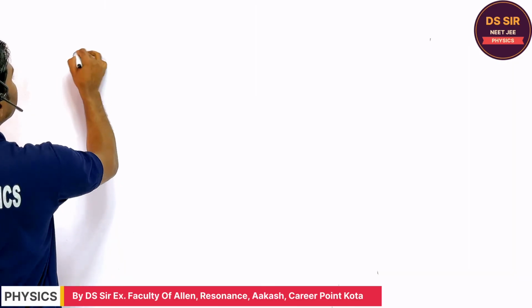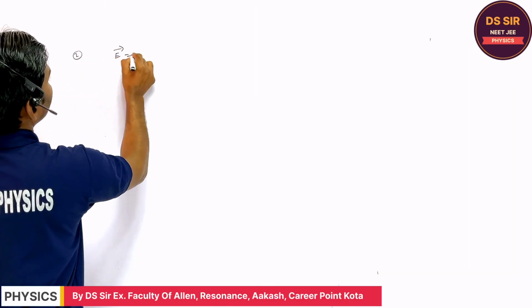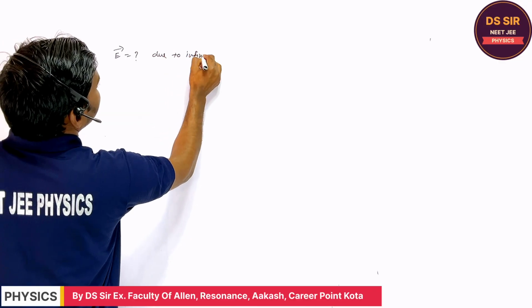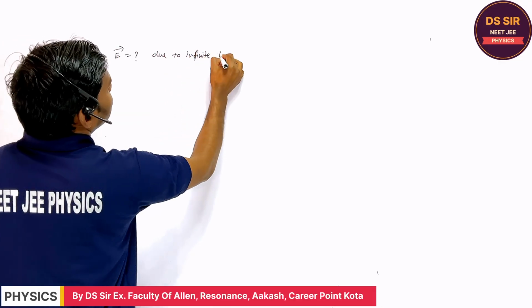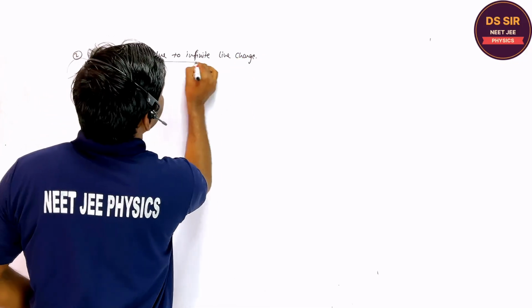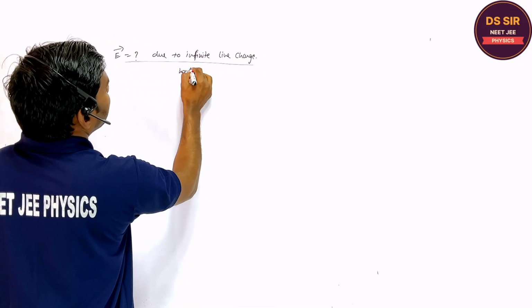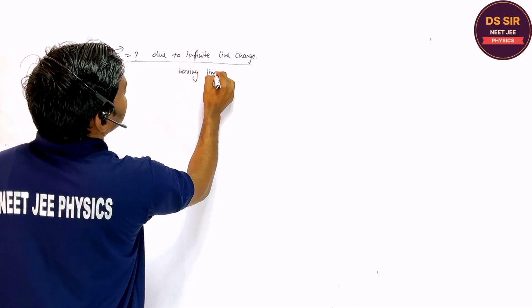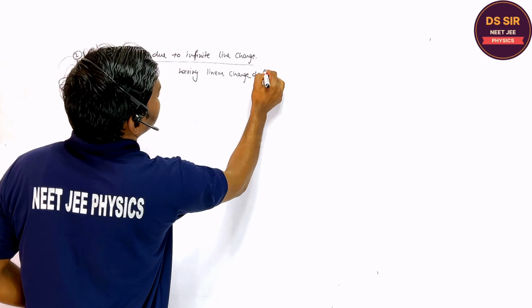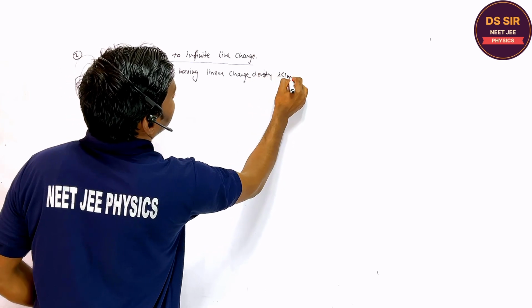The second application is to find the electric field due to an infinite line charge having linear charge density lambda, in coulomb per meter.